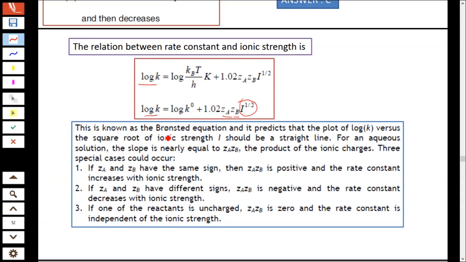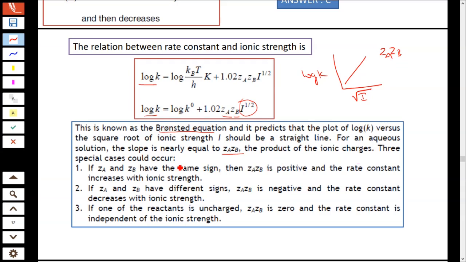This is known as the Bronsted equation, and it predicts that the plot of log K versus square root of ionic strength should be a straight line for an aqueous solution. The slope is nearly equal to ZA ZB. You have to calculate the product of ZA and ZB, that is, the charge of the first reactant and the charge of the second reactant.